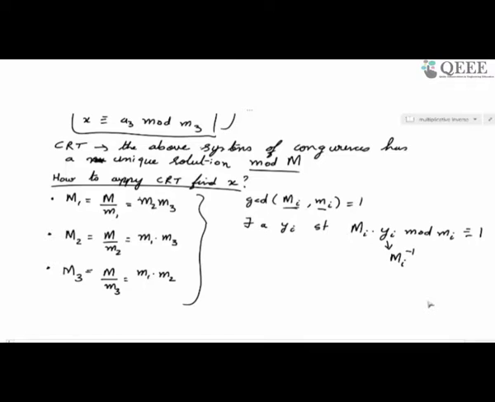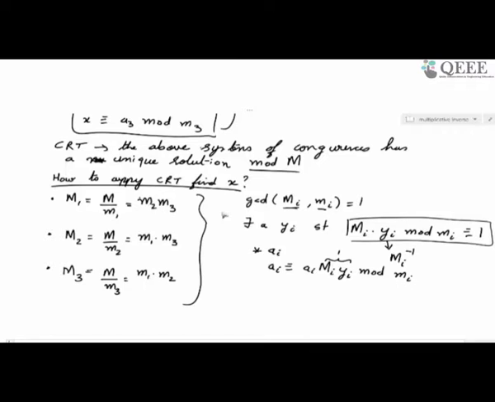Now if we take this equation and multiply it by ai, we get ai is congruent to ai Mi yi mod mi, and note that Mi and yi multiplied together is equal to 1, and therefore we can write something like this.